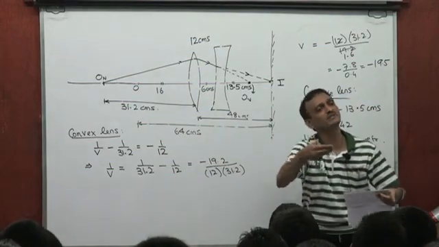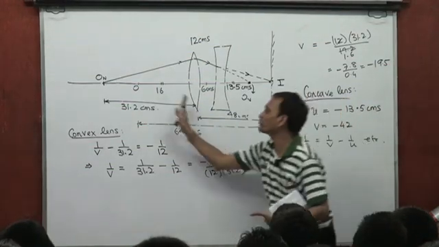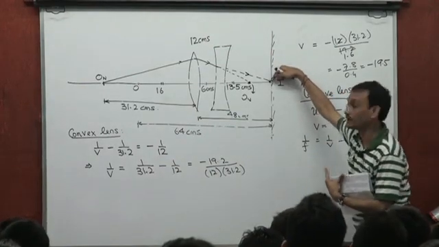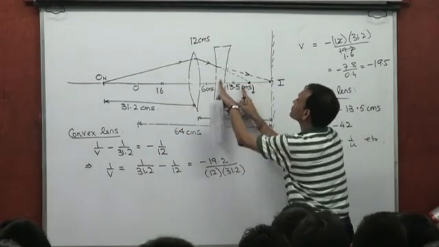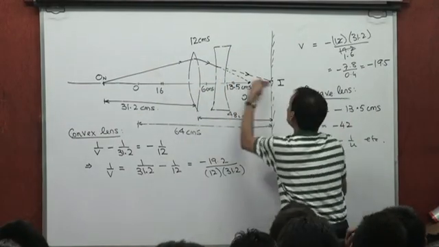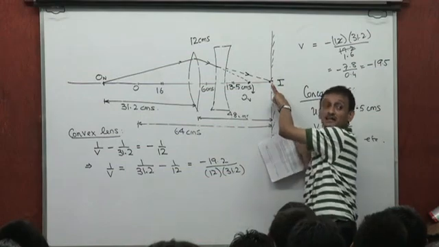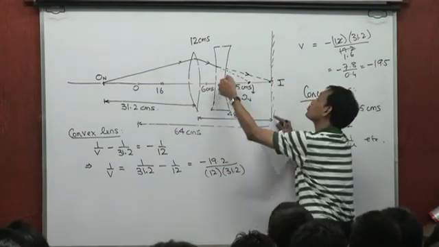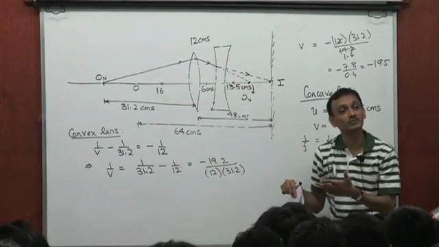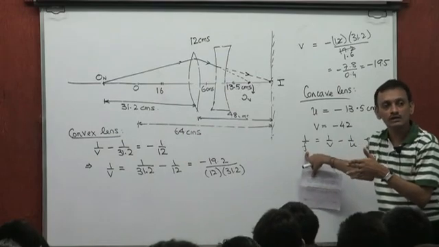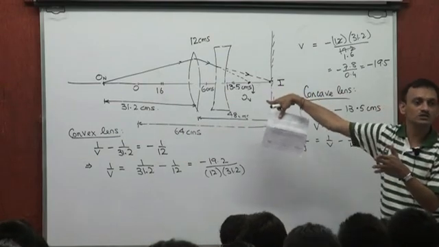The problem says the final image after this change was again on the screen at I. That means for the concave lens, u equal to virtual object minus 13.5 centimeters, and v formed at I, that means minus 42 centimeters. This is 6, that's 48, so this is 42 centimeters. So v is minus 42 centimeters. Using these numbers, we are all set to calculate the focal length of the concave lens.